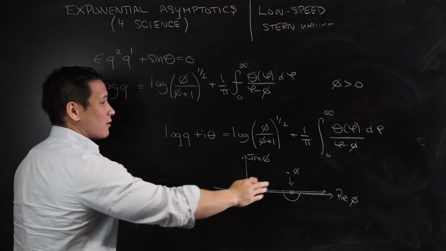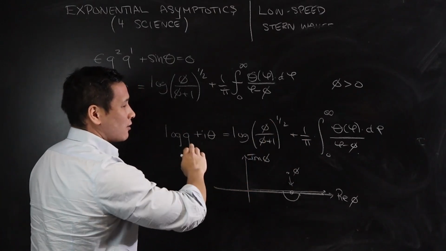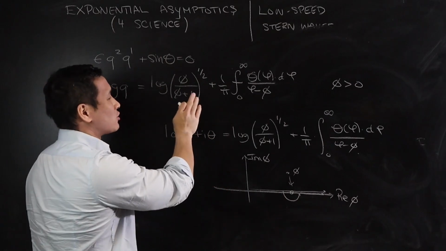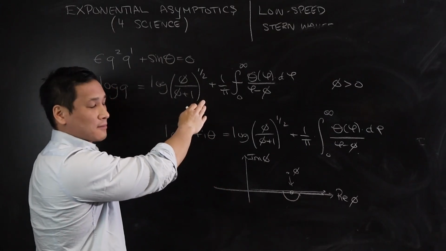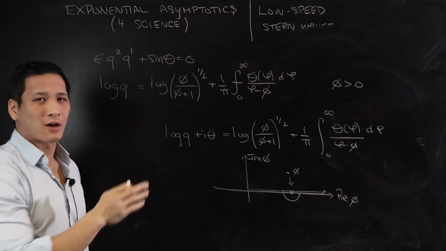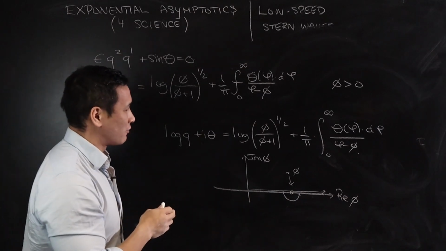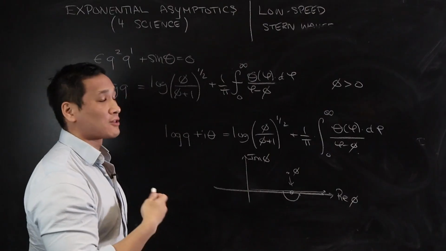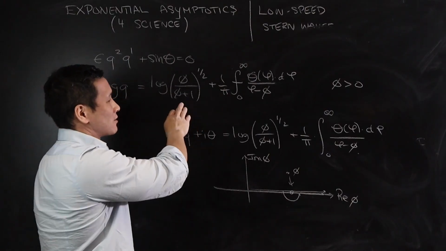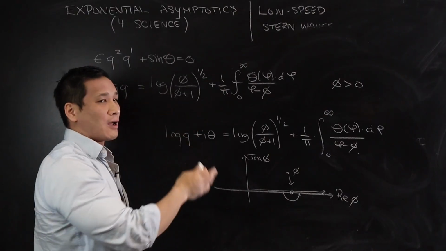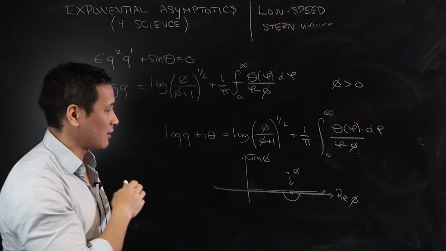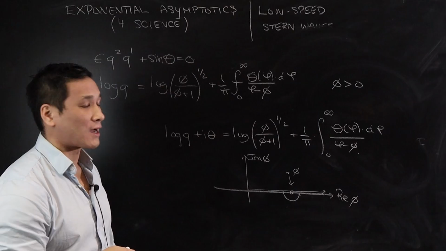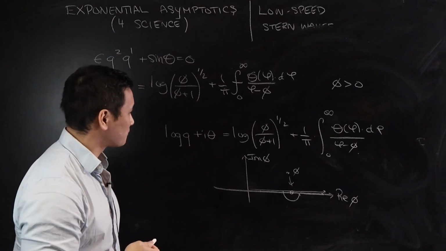In other words, this equation here, when phi is complex, is the appropriate continuation of this equation off the axis. Okay? It's a big mouthful to explain really quickly, but as long as you understand that there's a recipe that allows us to take this equation when phi is real and then move it off into the complex plane and obtain another set of equations which is valid for phi being complex.